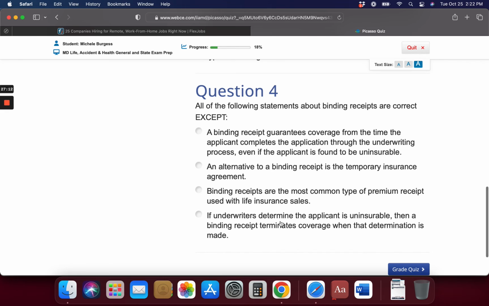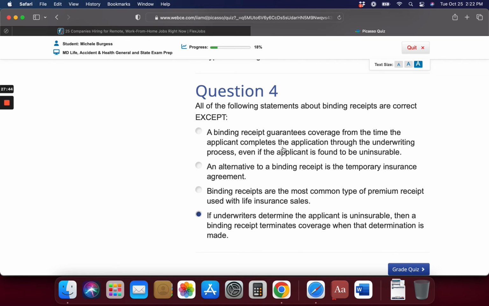All of the following statements about binding receipts are correct, and I don't remember anything about binding receipts. Everything's correct except one thing that's wrong. Which one is it? If underwriters determine the applicant is insurable, then a binding receipt terminates coverage when that determination is made. Okay, that makes sense. This is something that's in between when the person signs the application and they are still in underwriting.